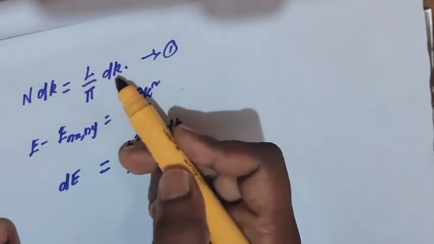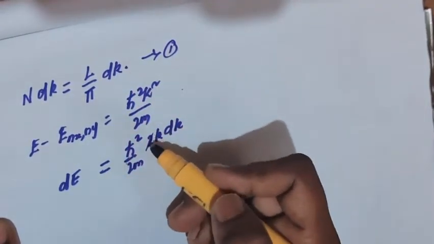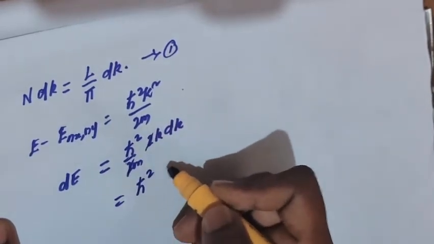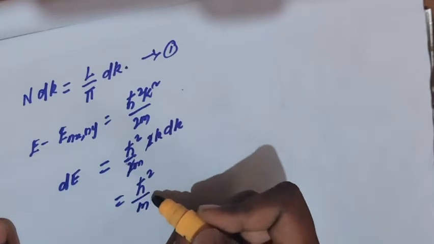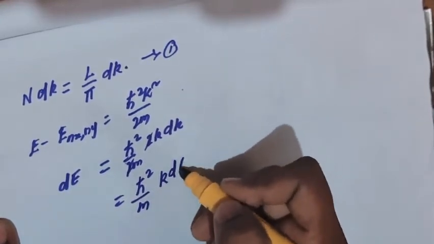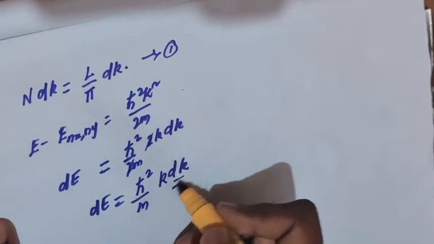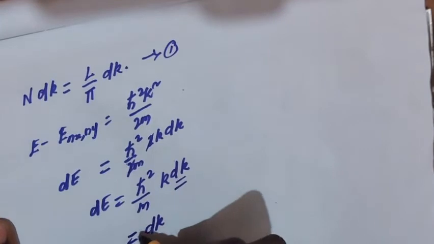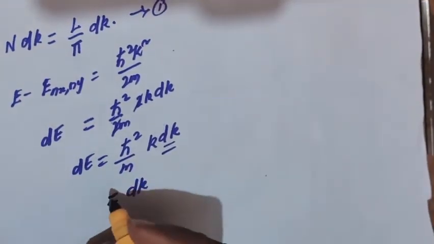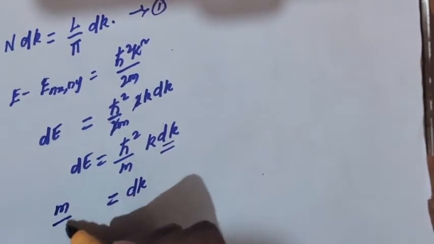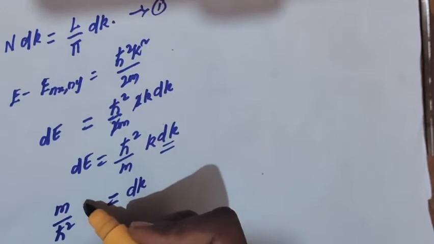In equation 1 we have only dk, so we can cancel the 2. So we get dE equal to ħ²/m times k dk. We need only dk, so keep dk on one side and push everything else to the other side. So dk is equal to m divided by ħ² times dE by k.